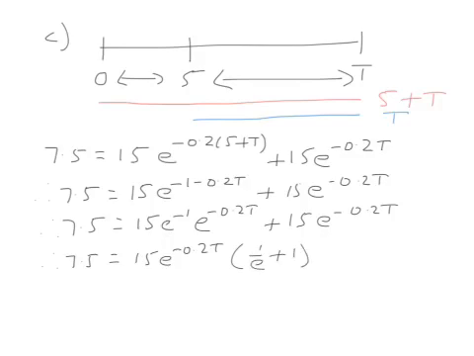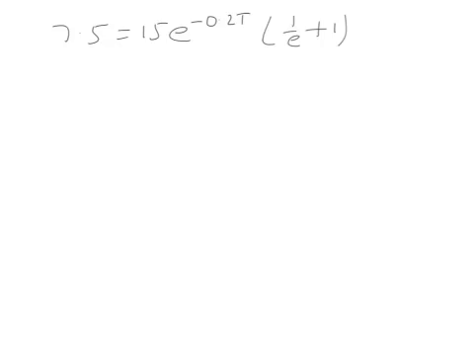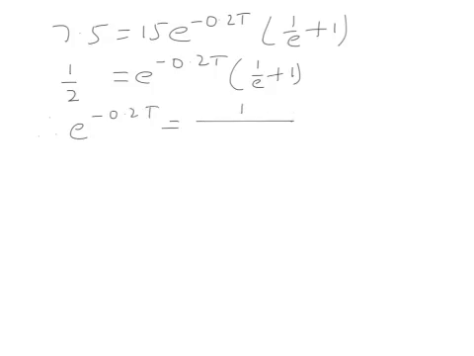So now we need to solve this equation. I think I'll need to write this on a new slide. There it is. So let's divide both sides by 15. So I'm going to get 1/2 is e to the minus 0.2t times (1 over e plus 1). So therefore e to the minus 0.2t is 1 over 2 lots of (1 over e plus 1).